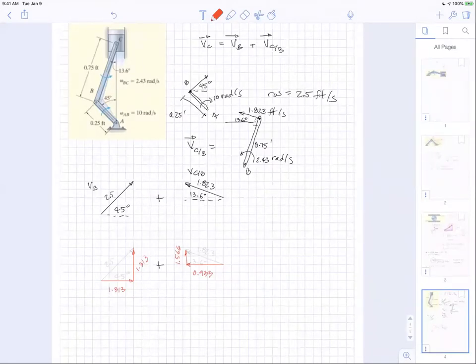Okay, so I took those vectors and got the sines and cosines, and something's wrong. I have to go find this problem, but look at this. So 2.5 cos 45 degrees is 1.313 to the right. 1.823 times cosine 13.6 is 0.933 to the left.